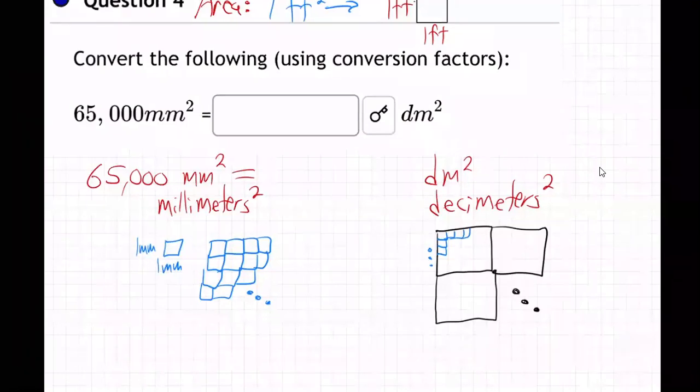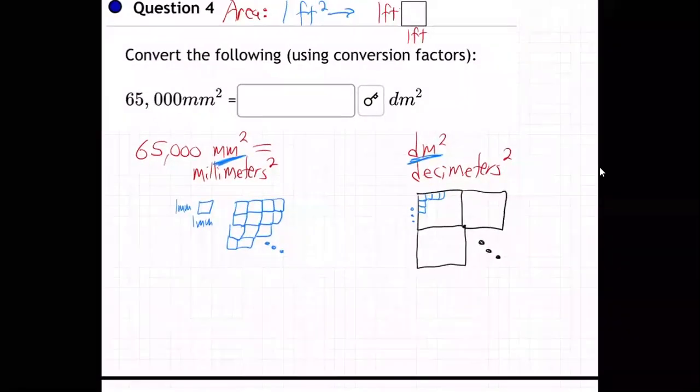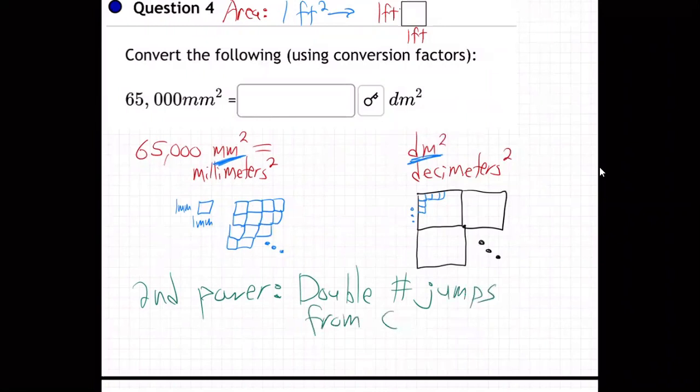So how do we do the conversion? Well, again, we're going from millimeters to decimeters. And what you do for the second power is you double the number of jumps from the metric chart.